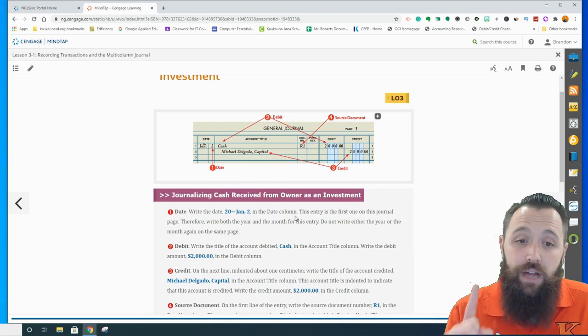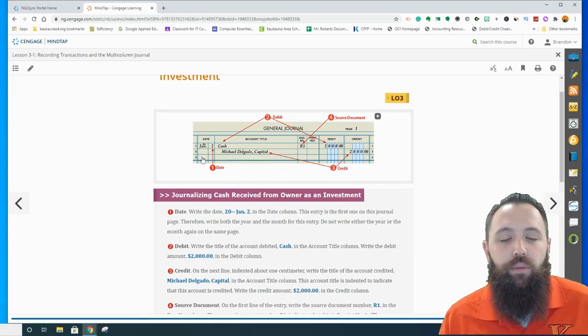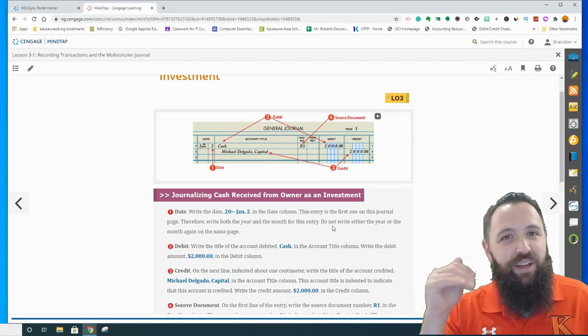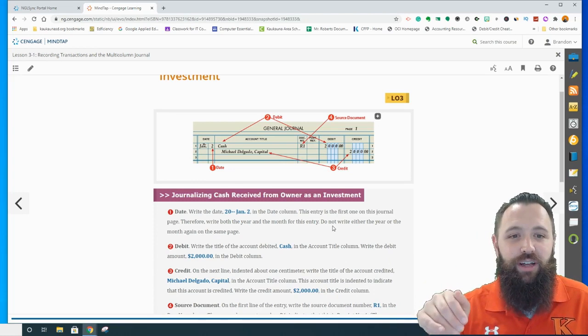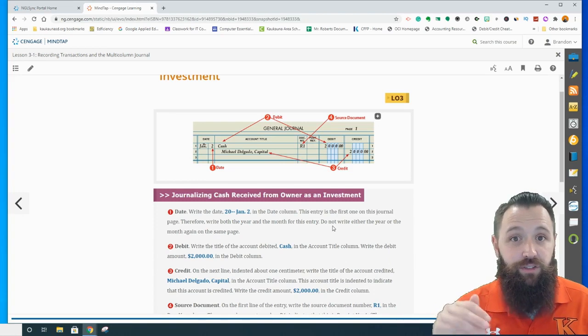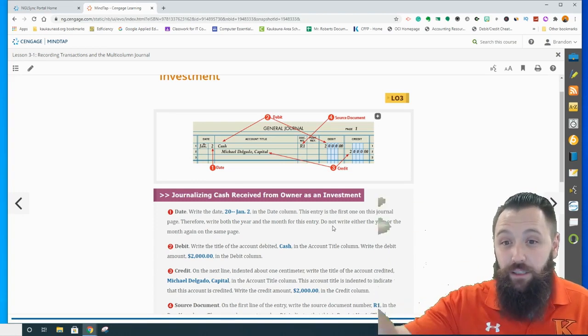Because it's the first entry in this journal, you see it's number 1, we're going to put the actual month in there as well as the year. Do not write either the year or the month again on that page. So let's say there's spots for 25 additional general journal entries. You don't have to write the month unless the month changes, or the year unless the year changes, until you get to the next page.